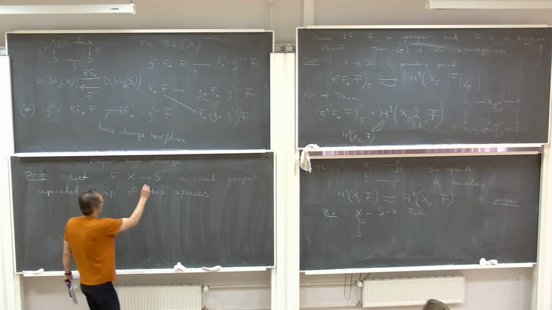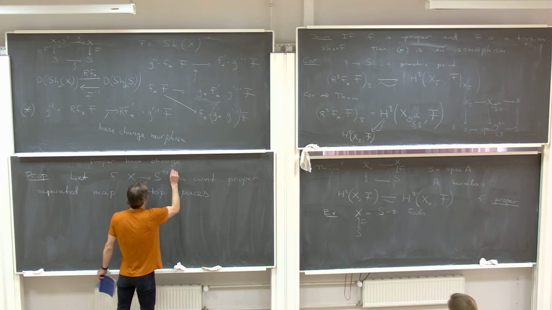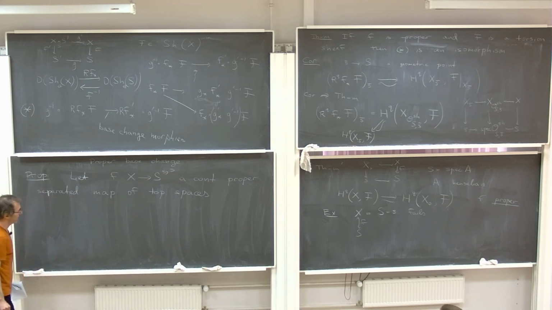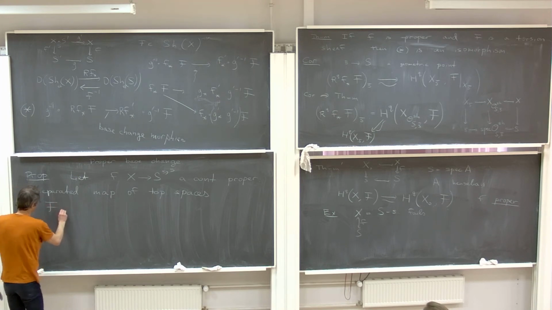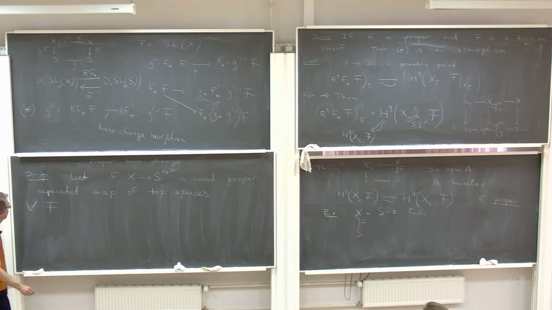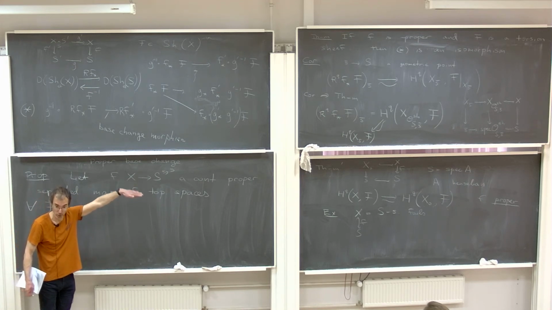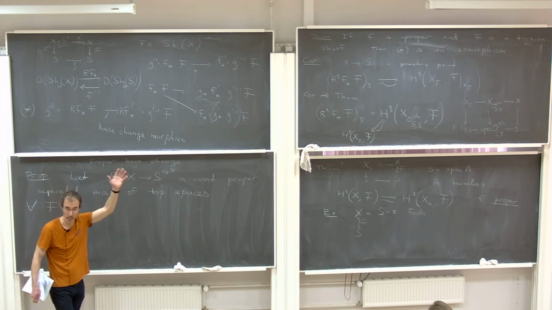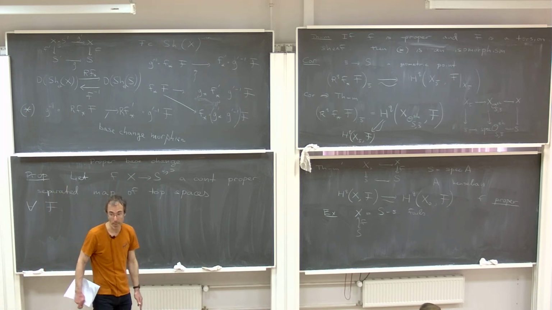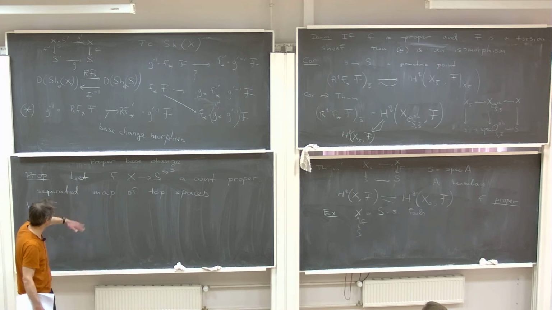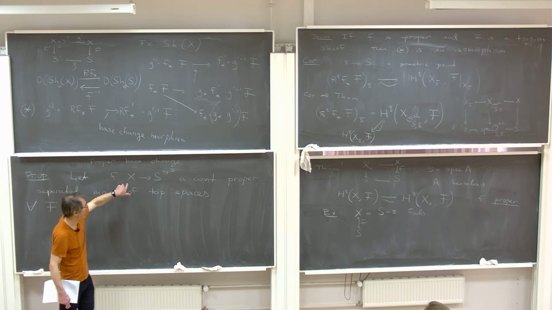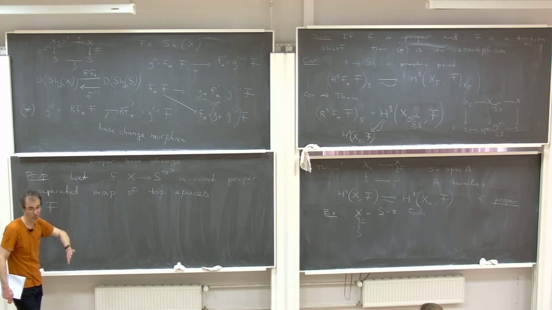And let's say I have a point. Then for any sheaf F, not necessarily a torsion sheaf. So what is a proper map? Proper means that it's closed, the image of a closed set is closed, and fibers are compact. And separated means that the diagonal is closed, so Hausdorff spaces.